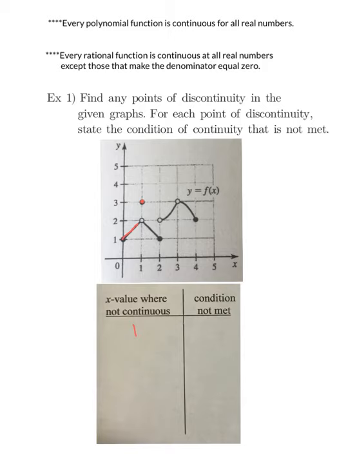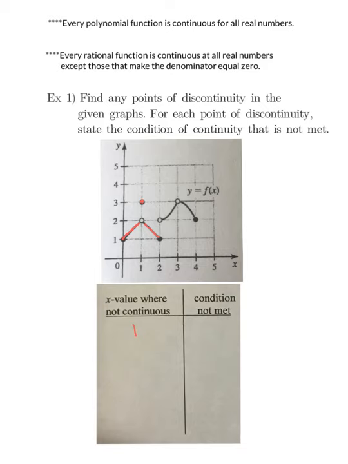Condition 2 says that the limit must exist. As I come at the x value of 1 from the left side, I'm going into the y value of 2. As I come at the x value of 1 from the right side, I am also coming at the y value of 2. So my limit does exist. My limit is 2.